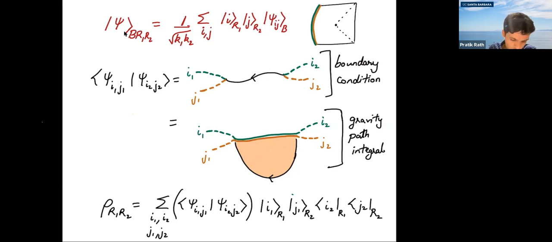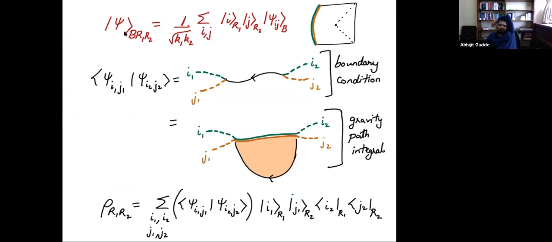Good. So once we know how to compute these overlaps, we essentially know how to think of density matrices. So if we look at the density matrix on the radiation system, it has coefficients that correspond to the overlaps between black hole states with different brane flavors. This basically follows from just taking this and tracing out the black hole system.